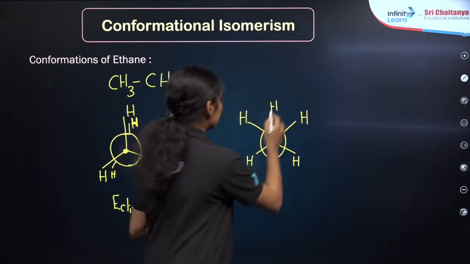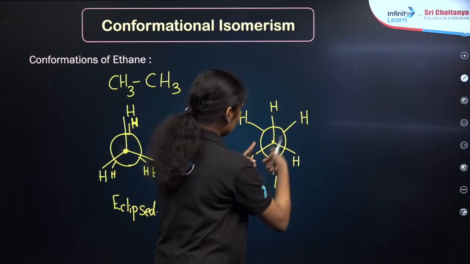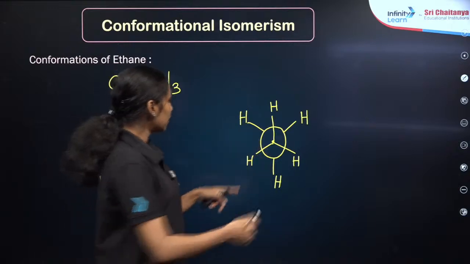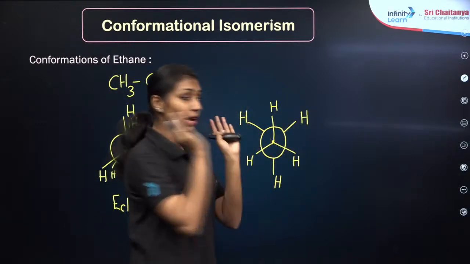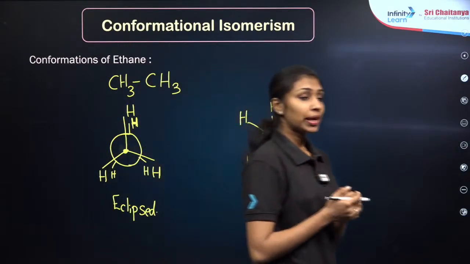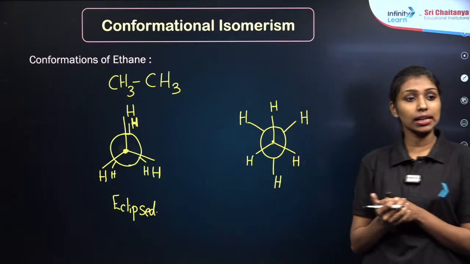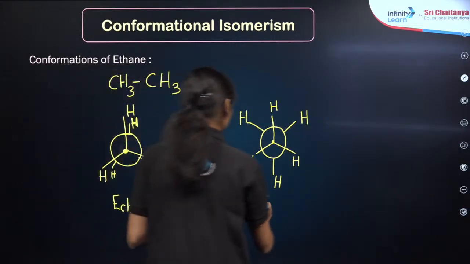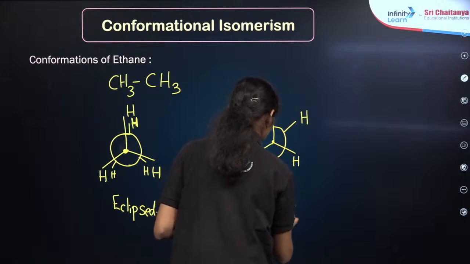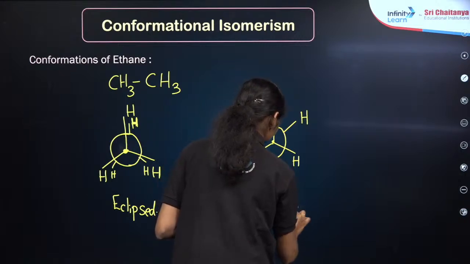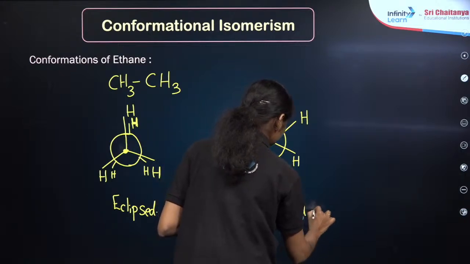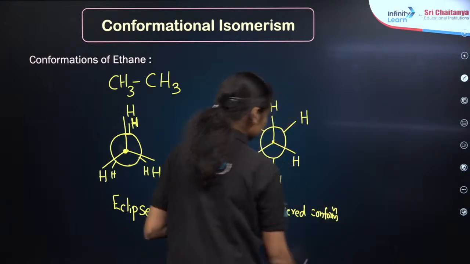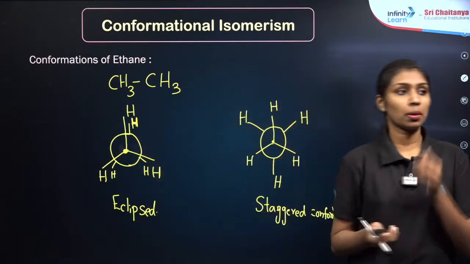This is the hydrogen atom present in the first carbon, and this is the other hydrogen atom present in the next carbon. Now you can observe that these two hydrogen atoms are very far apart. So I can call this conformation the staggered conformation. Clear?